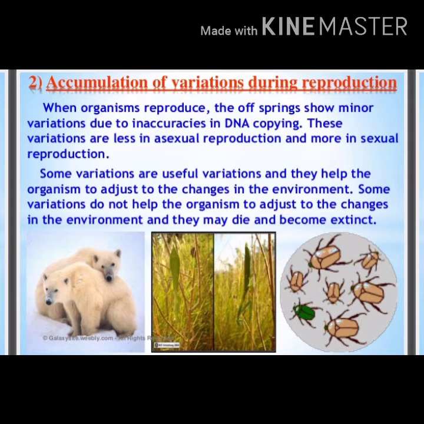Because of this crossing over, a part of the gene from one gamete is attached with the part of the second gamete. That means a type of exchange is happening between the male gamete and the female gamete. All this results in the appearance of a number of variations during sexual reproduction.